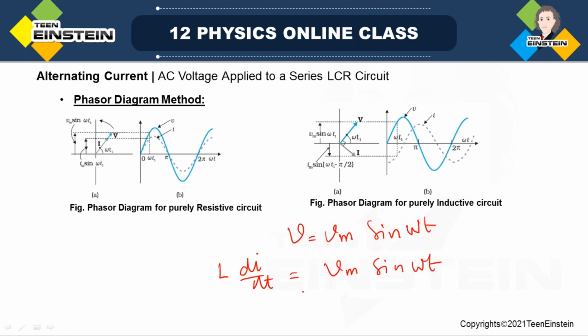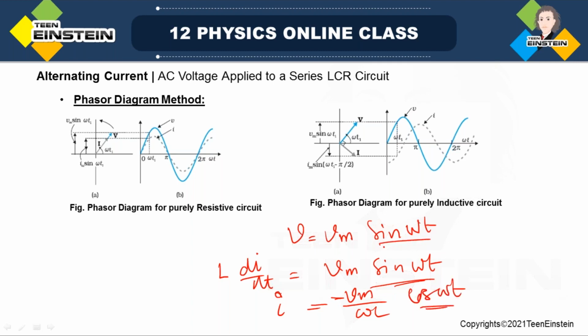If you integrate this, you will get Vm by omega L with a minus sign, so I will be this with a cos omega t.